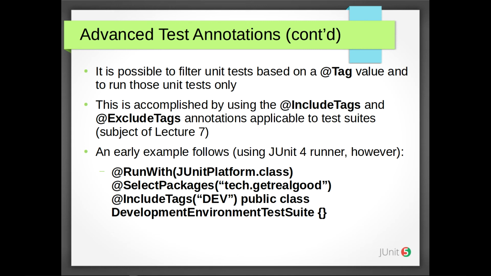However, they are still retained within the JUnit 5 Jupiter platform for use with the IDEs that do not fully support the new JUnit 5 semantics yet. So please study this code for about 30 seconds.